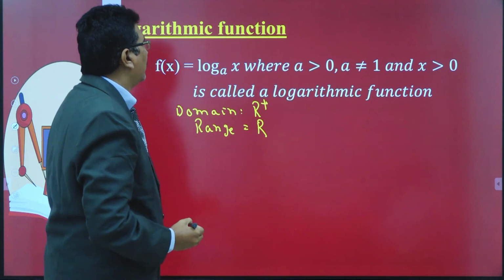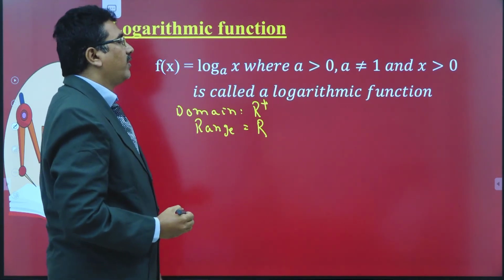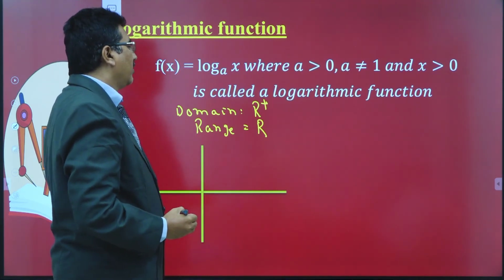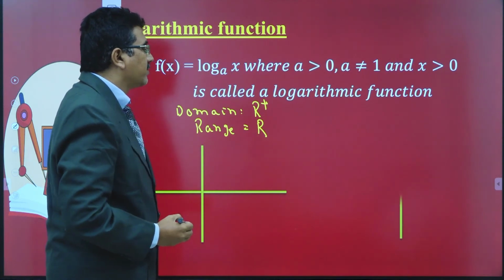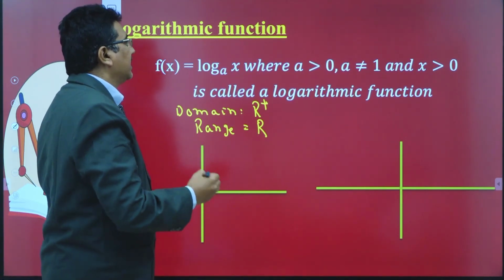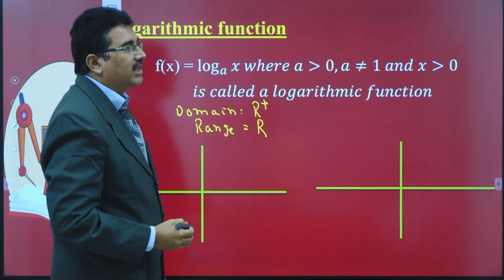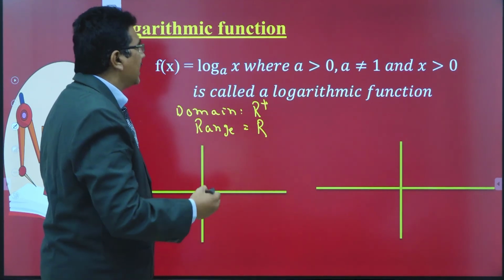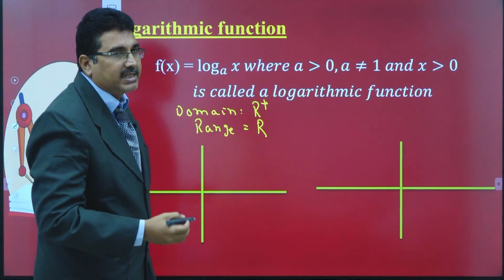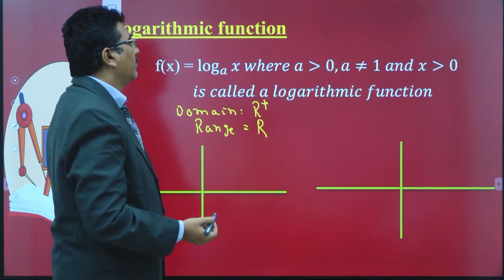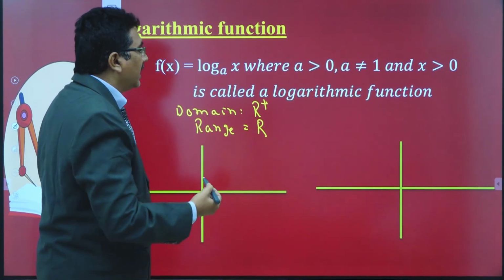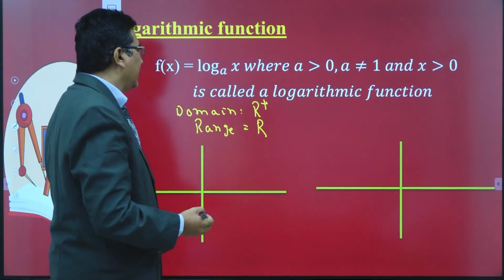Now, how to draw the graph of this function? What is the shape of this function? Is this bijective or not? Also, is this increasing or decreasing? By using the graph, we discuss these points.